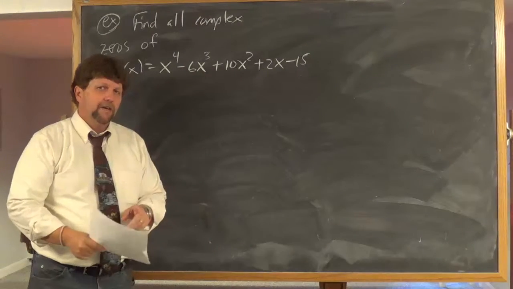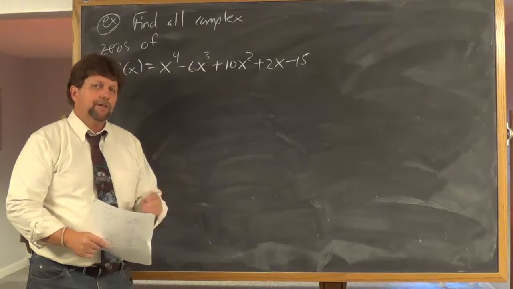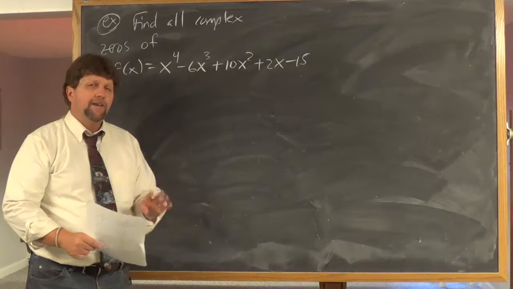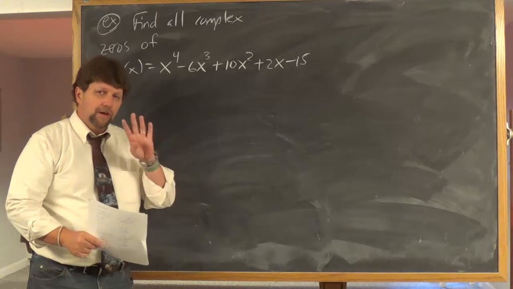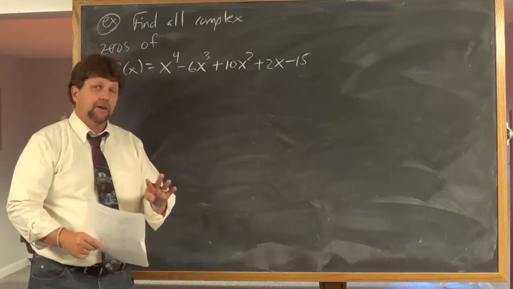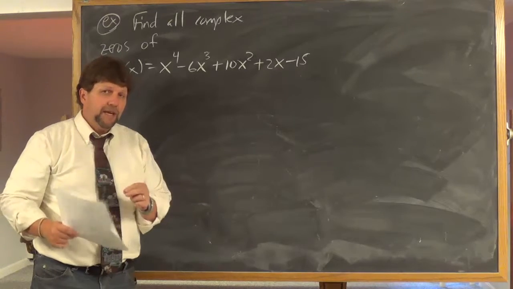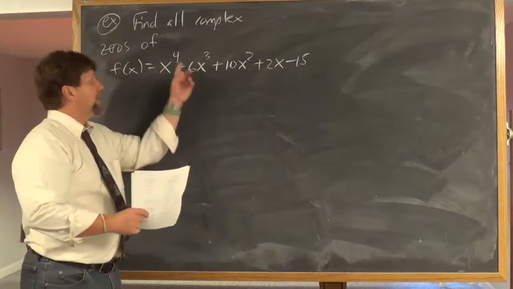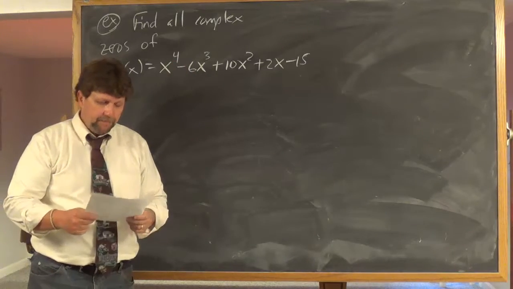The first thing that I note, the degree of this polynomial is 4. So we have to have 4 complex zeros. We have to have 4 total complex zeros. Now some of them may be repeated, but we know there are 4 because the degree is 4.